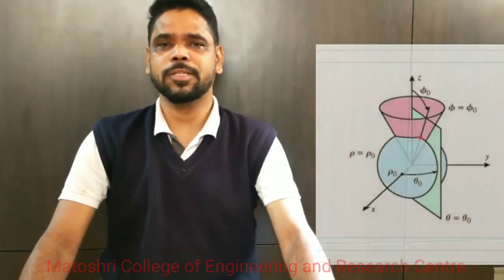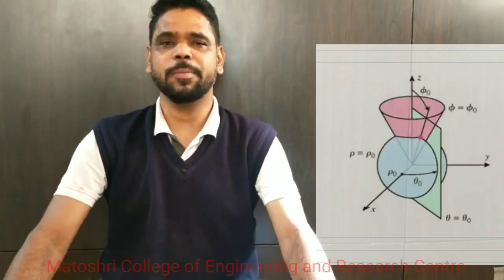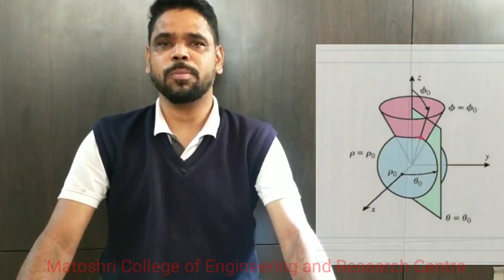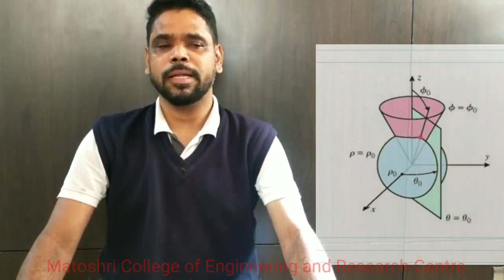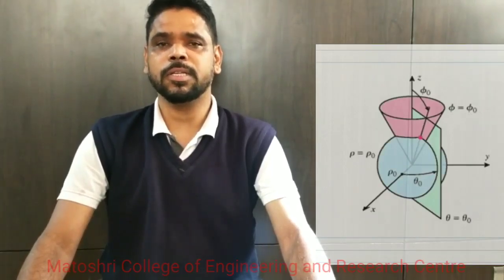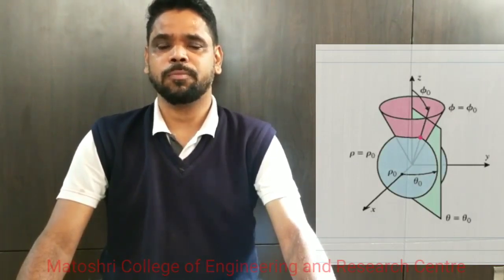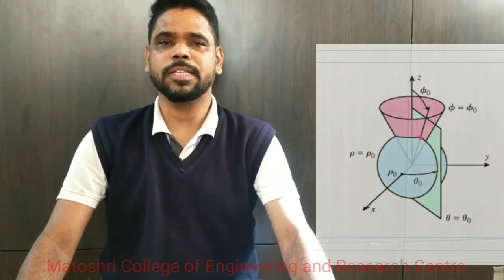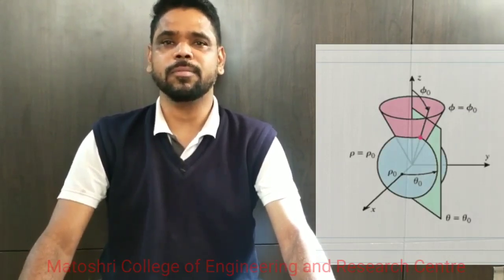So with these 3 parameters we have 3 different surfaces. The radius equal to constant surface is a sphere, and the 2 other parameters are angles theta and phi. Angle theta equal to constant is a cone, and the third one, angle phi constant, is a half plane including the z-axis, perpendicular to the xy plane. These 3 surfaces intersect at a single point, which is nothing but the location of the point specified.